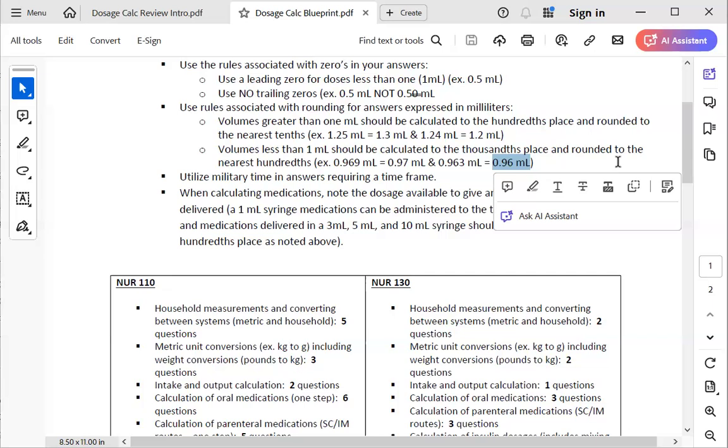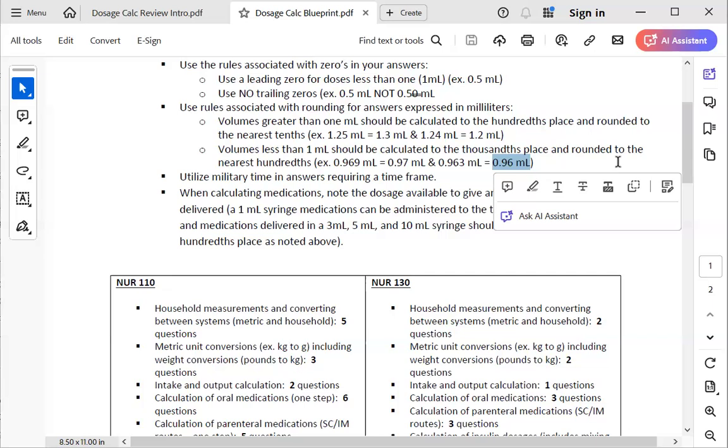I know I'm saying this and maybe you're writing this down, but I'm going to give you plenty of examples, so don't worry about it too much. Let's say I get an answer of 0.1275. When you're doing a simple metric to metric conversion, you don't round those answers. You just leave them alone.